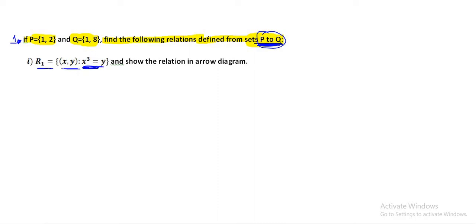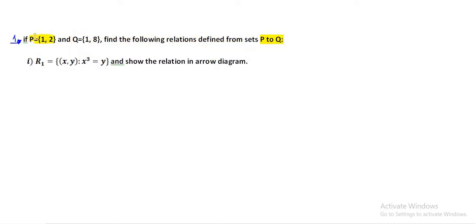So we should take those elements in which the cube of x is equal to y, and then show the relation in ordered pair form and in arrow diagram form. First we find the relation in ordered pair form, and later we will show it in arrow diagram form.